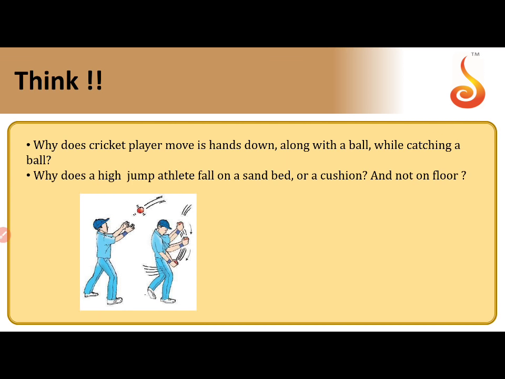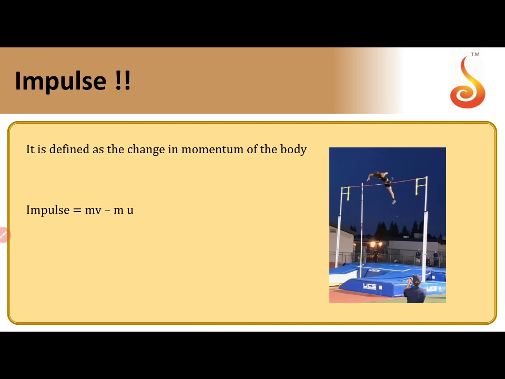You observe the player catches the ball, afterwards he moves the hand slightly down. Why does he do that? And a high jump athlete doesn't fall directly on the floor, there is a good amount of cushion available. Like when you sit, you are comfortable on a sofa rather than a flat, hard surface.